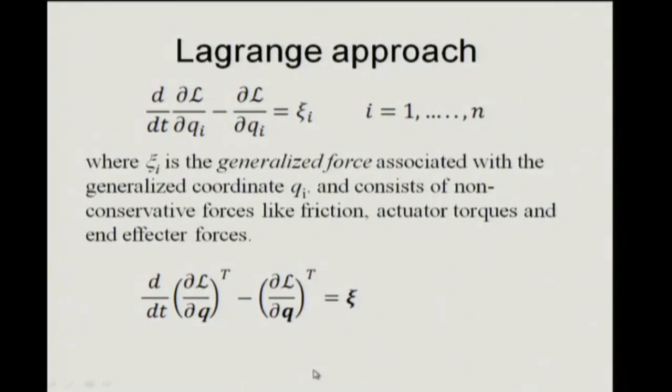We start by looking at the Lagrange approach, because that's quite systematic. This equation we already visited, so I will not worry about it, especially this extended form where there are n generalized parameters. In this case it will be the link rotations. So write it in this form, which is slightly extended.